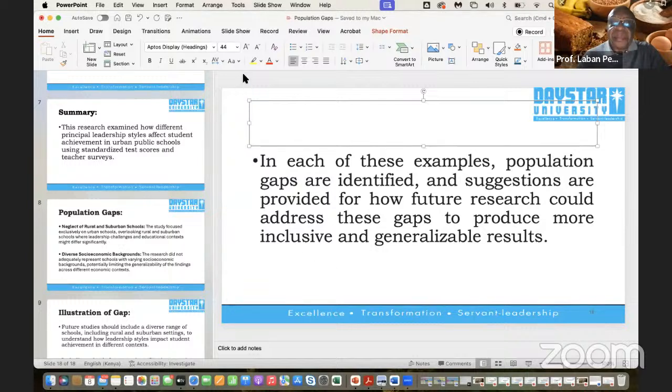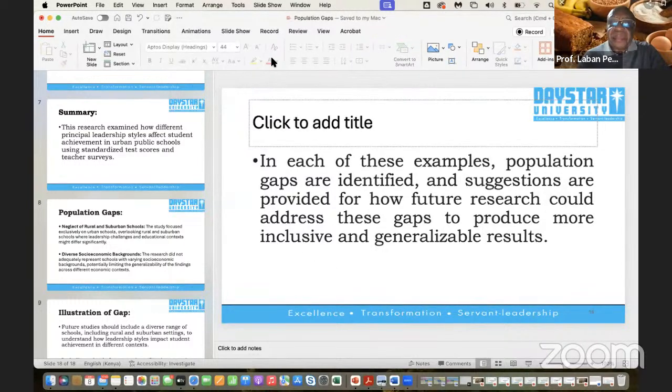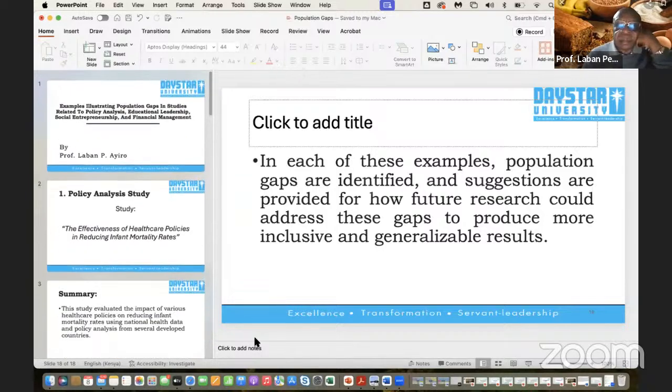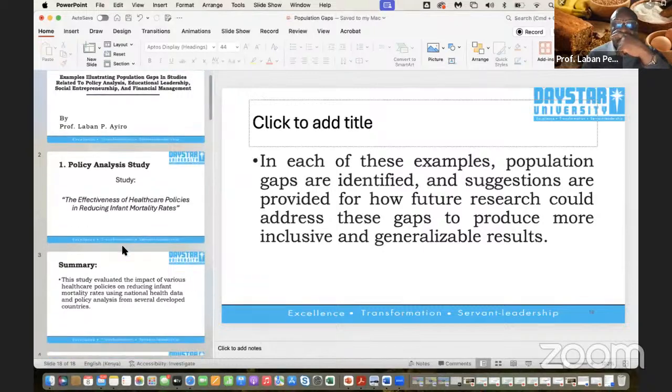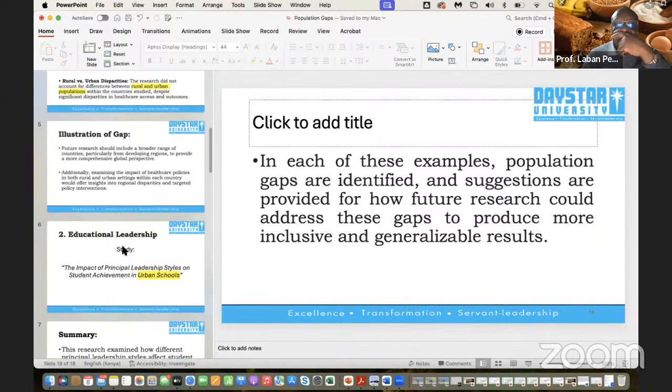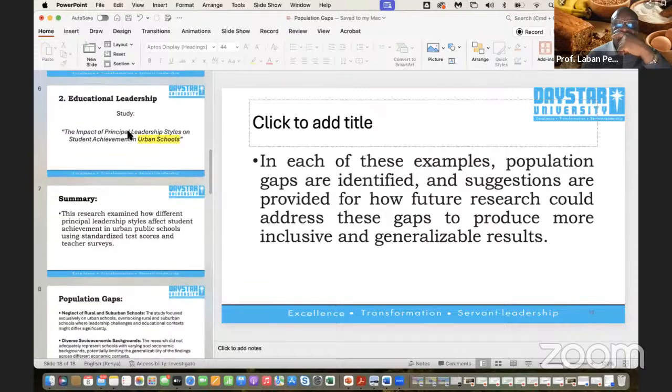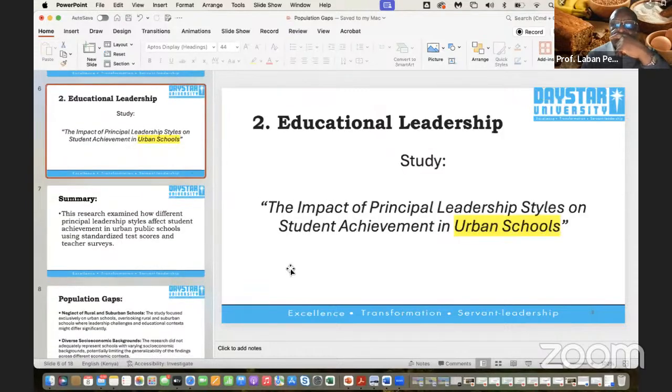Yeah, thank you so much, Prof, for the opportunity. So far, we're enjoying the presentation. I have an observation based on a topic that you highlighted, impact of principal leadership styles on student achievement in urban schools. My question over this topic, how is it possible that a population gap can transpire to a geographical gap?